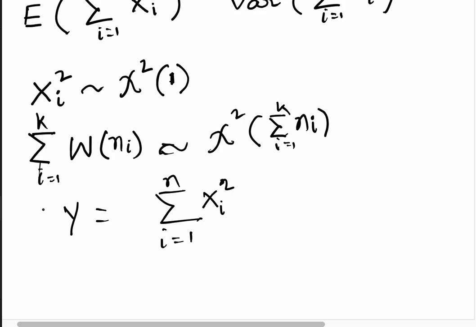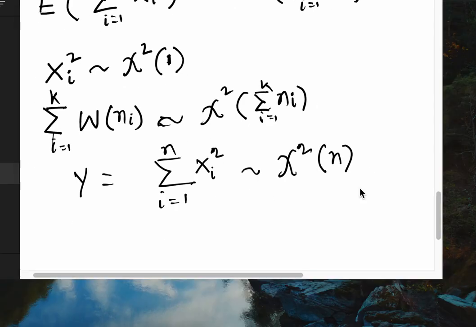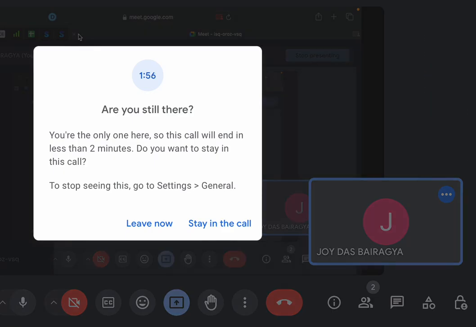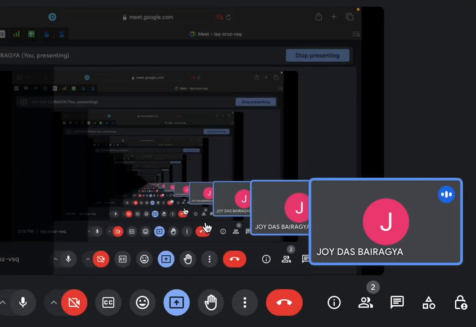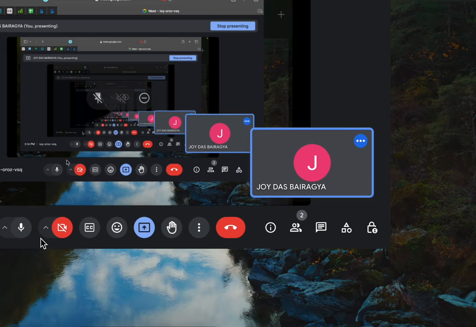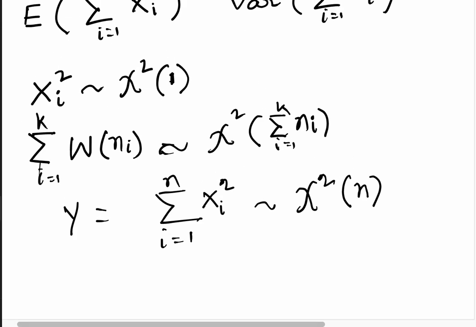So this will follow a chi-square distribution with order parameter n.